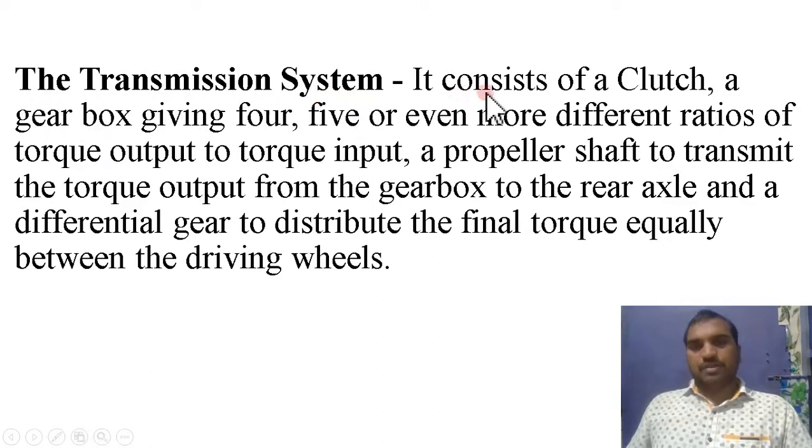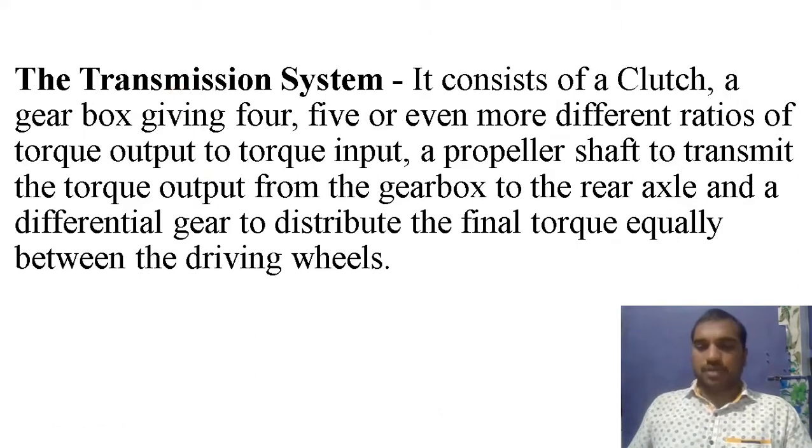The transmission system consists of a clutch, a gearbox giving 4, 5 or even more different ratios of torque output to torque input, a propeller shaft to transmit the torque output from the gearbox to the rear axle, and a differential gear to distribute the final torque equally between the driving wheels, right? So a transmission system is helpful to transfer the power from the engine to the rear wheels, right?